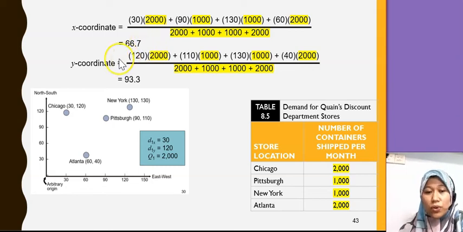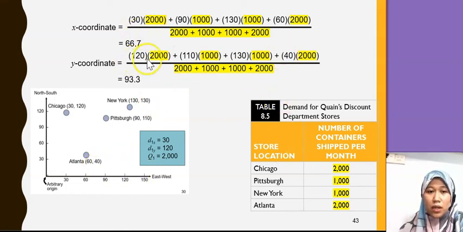And do also for coordinate Y. Okay, coordinate Y. This one, the yellow one is the volume. Okay, and then you sum the volume untuk you bahagikan. And this one is the coordinate Y for each location. Okay, Y, this one 120 for Chicago, 110 is for Pittsburgh, 130 is for New York, and 40 is for Atlanta.